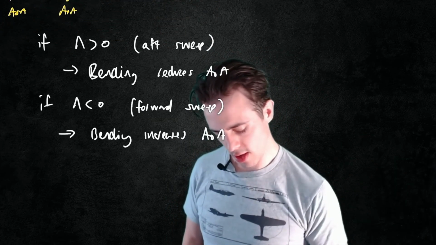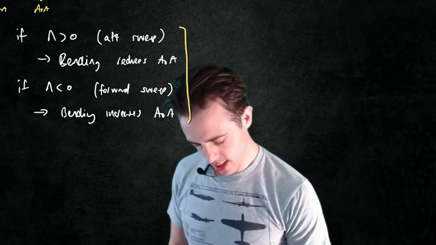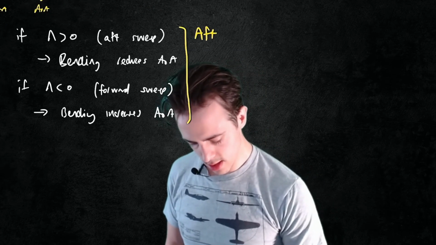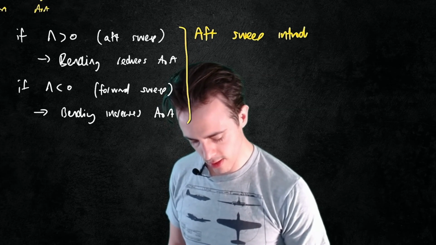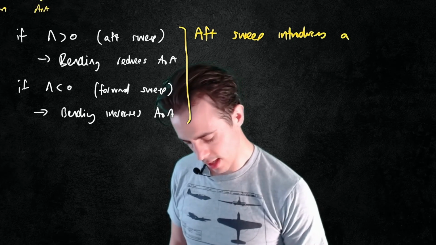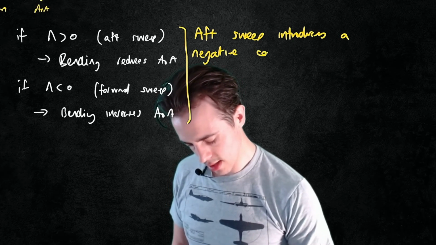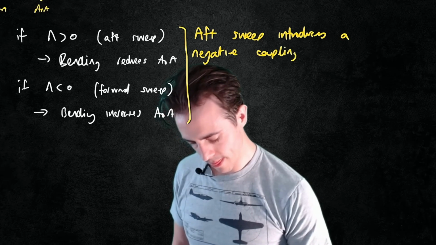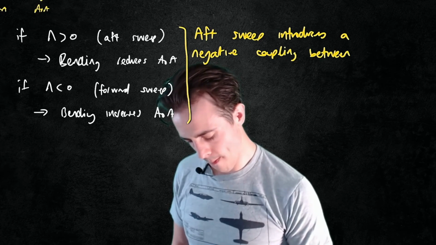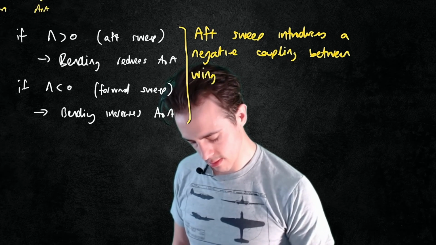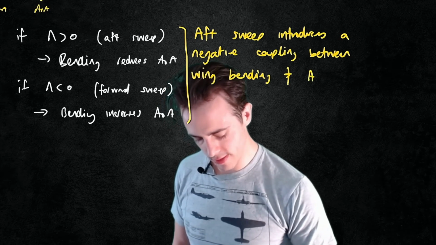So what we've just shown here is that aft sweep introduces a negative coupling between wing bending and the angle of attack.